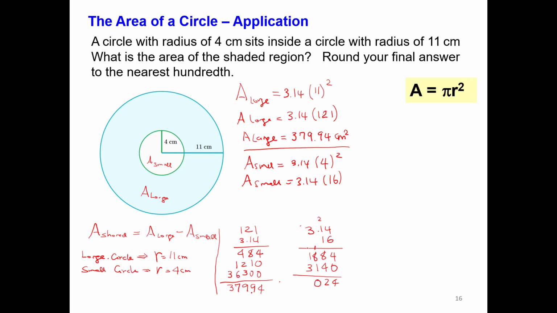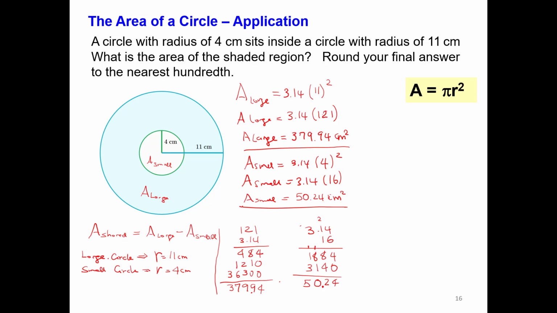We had 2 decimal places. Then the area of the small circle equals 50.24 square centimeters. And this is the area.